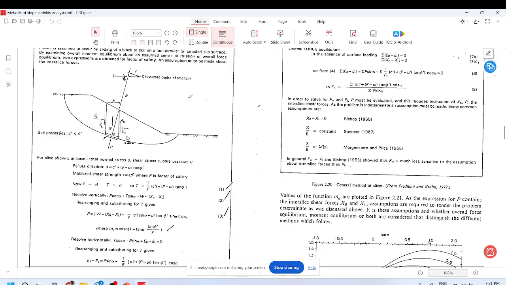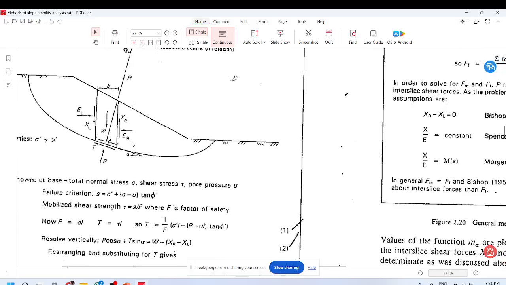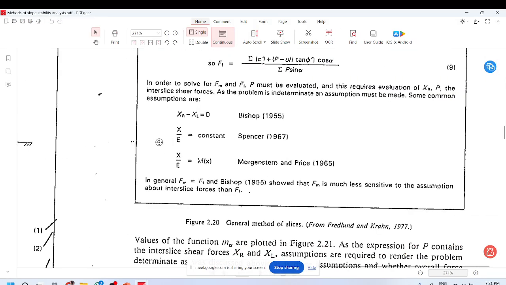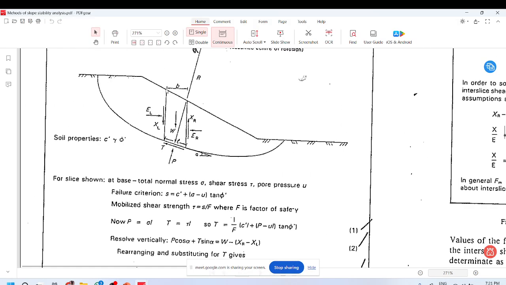What I am doing here practically is defining the equilibrium. This is the wedge, this is the weight of the wedge, this is the length of the failure surface corresponding to this wedge, and these are the interslice faces.